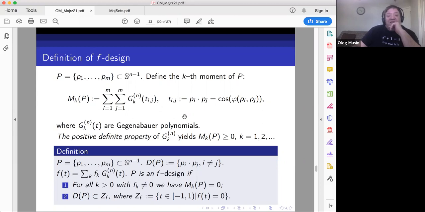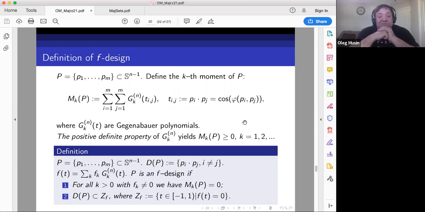We consider the sum of Gegenbauer polynomials and call it M_k. The positive definite property of Gegenbauer polynomials implies that all moments are greater than or equal to 0, right? It is the main property we use in the Delsarte method and the linear programming bound. In general, we have this positive definite property.